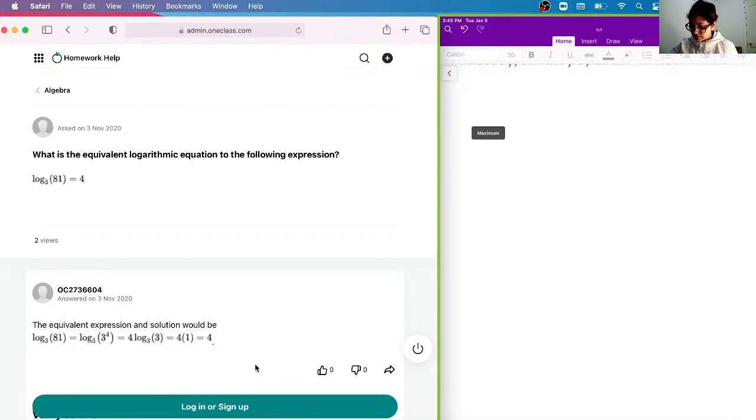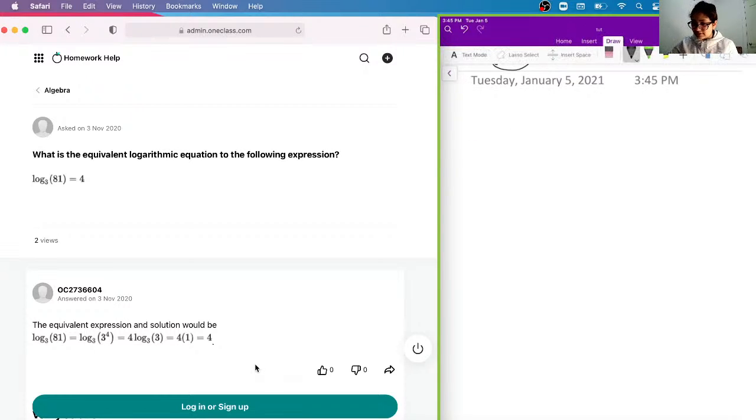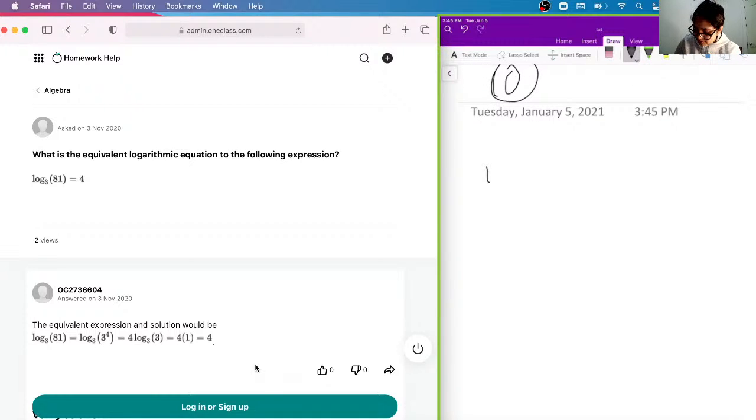Okay, so the next question we have here says, what is the equivalent logarithmic equation to the following expression, which is log base 3 of 81 equal to 4.